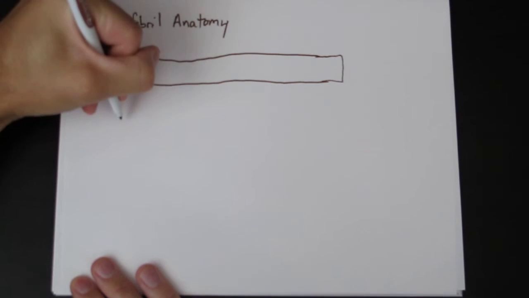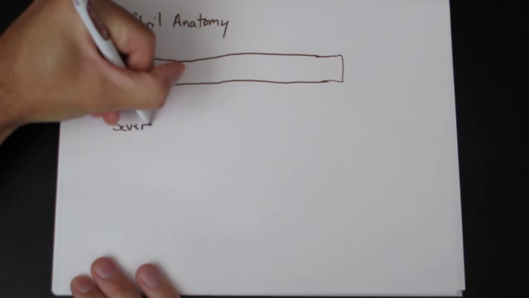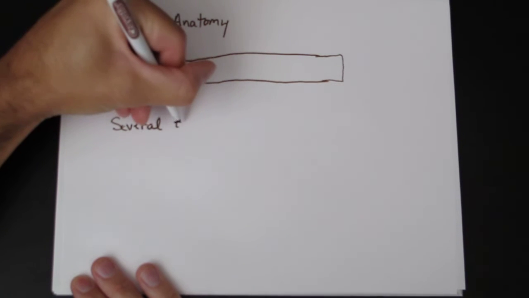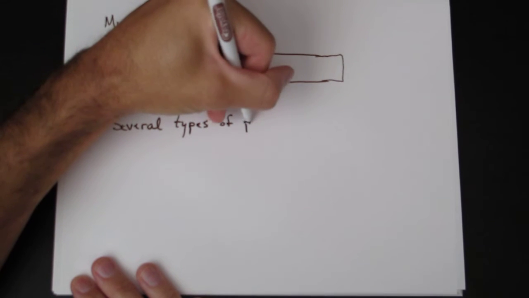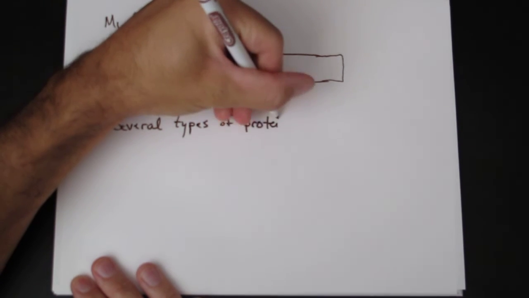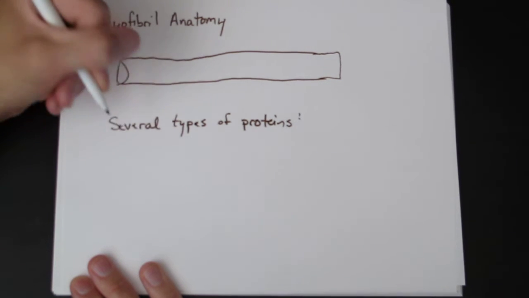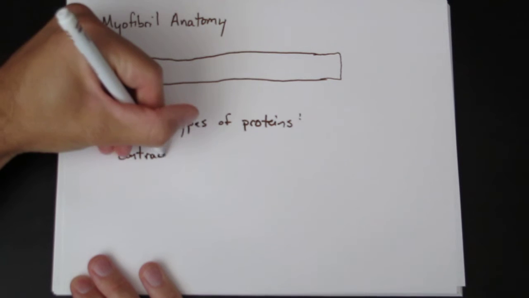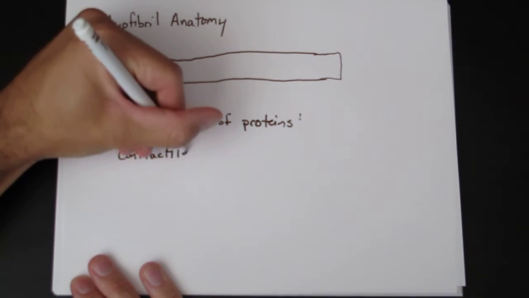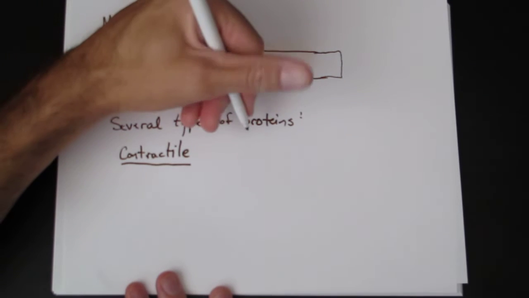Okay? And if we take a look inside of the myofibrils, we're going to find several different types of proteins. Okay. Some of these proteins are contractile. All right, so these are going to allow the muscle to do what we know it does, and that's to contract. So we have contractile proteins.